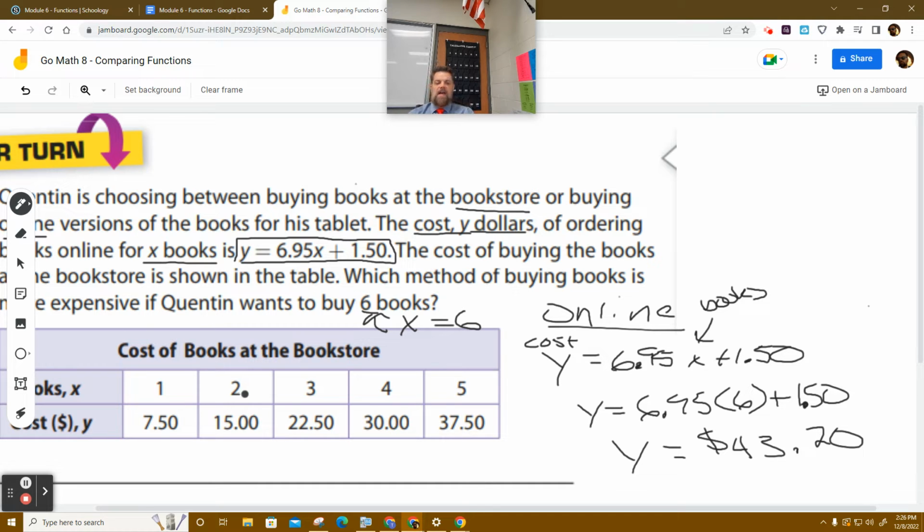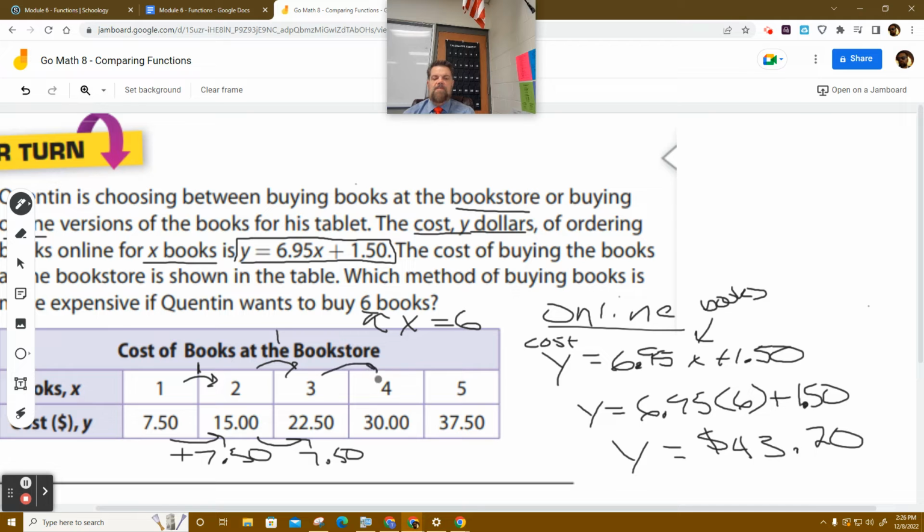Now, I want to show you something. As this increases by 1, this increases by what? $7.50. When this increases by 1, what does this increase by? $7.50.